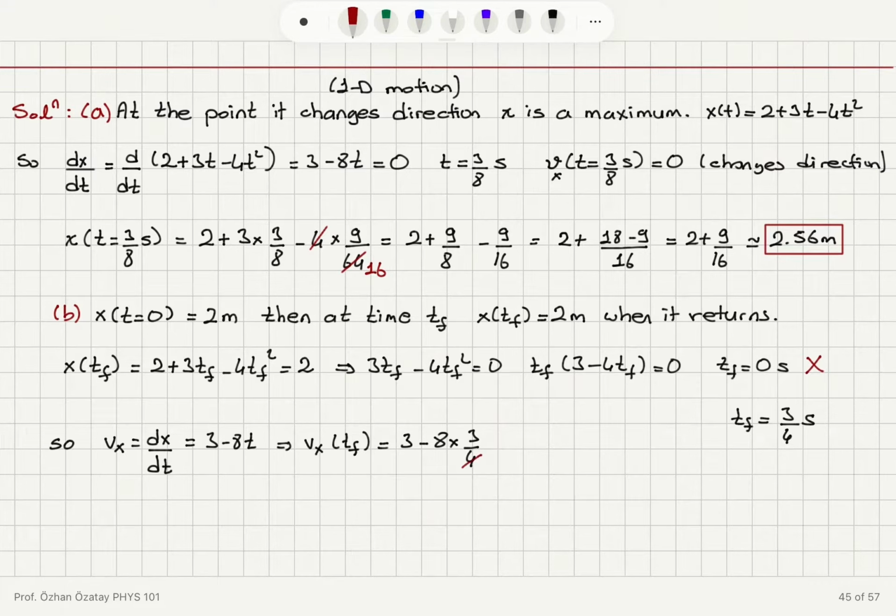So this 4 will make this 8 a 2. So it is 3 minus 6, and therefore Vx at t final will be minus 3 meters per second. Note that I'm careful about putting the units for my answer. This is very important because we are reporting a number here.